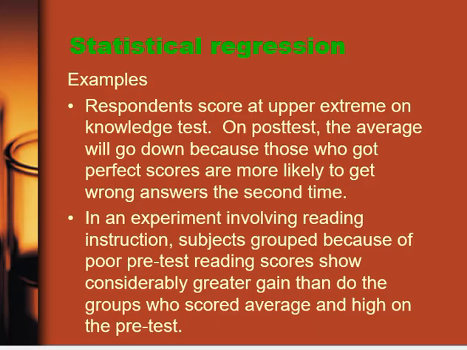Another example is if we were looking at reading instruction, like helping kids learn how to read. If we were looking at subjects grouped because of poor pretest reading scores, so people who didn't do very well on the pretest reading, they're going to show a lot more learning. They're going to look like they learned a lot.